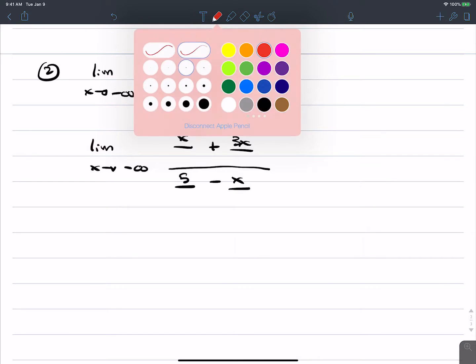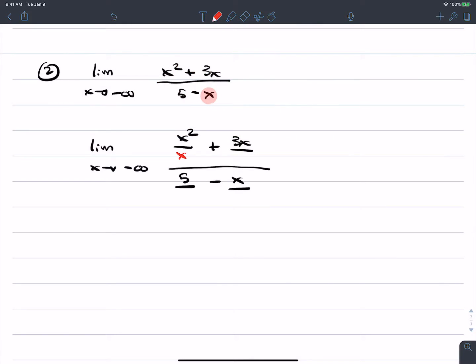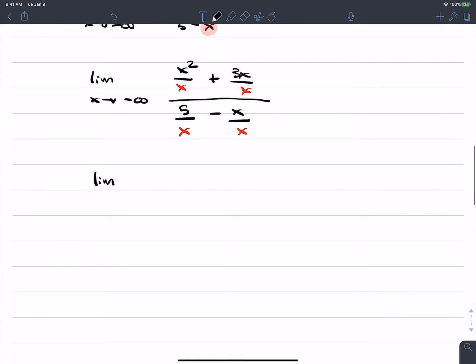And that something, again, is going to be your what? x. Okay. So we get now the limit as x goes to minus infinity, x plus 3 over 5 over x minus 1. Is that true?